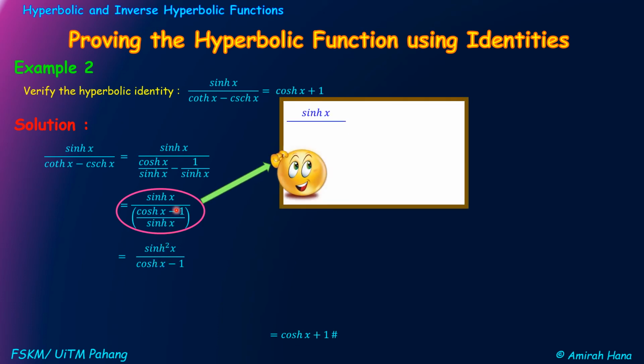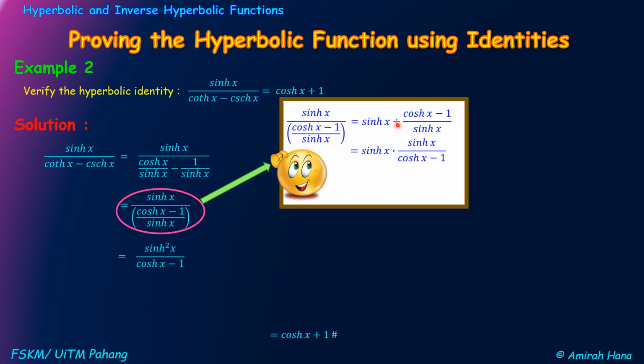From sin x over cos x minus 1 over sin x, we can write it equals sin x, and the fraction bar here means divide, divide by the fraction cos x minus 1 over sin x. And then equals sin x.